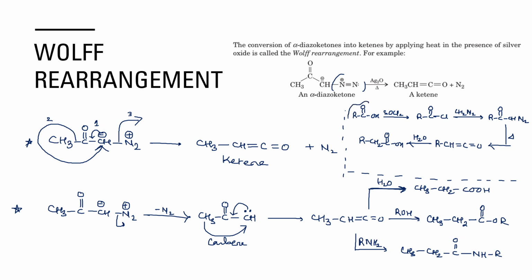So in Arndt-Eistert synthesis, we take a carboxylic acid and we increase one CH2 group in that carboxylic acid through Wolff rearrangement.